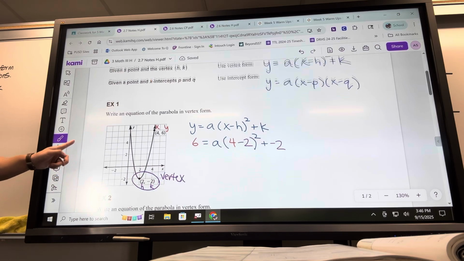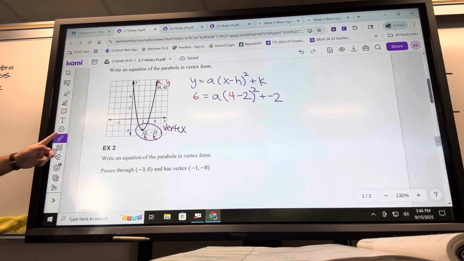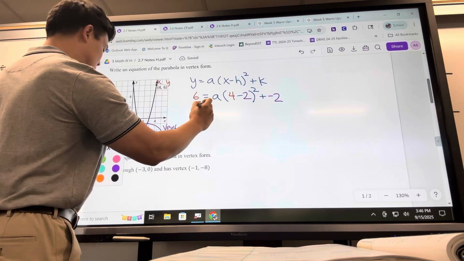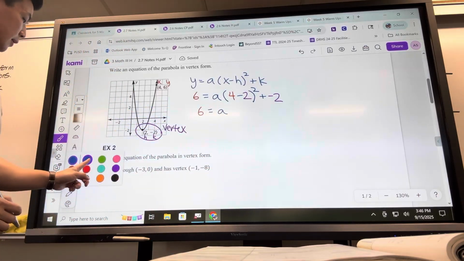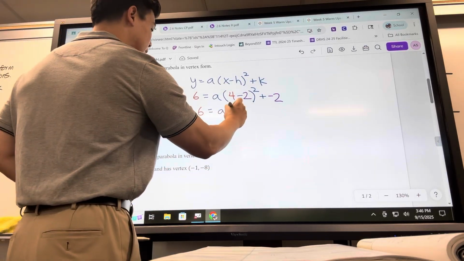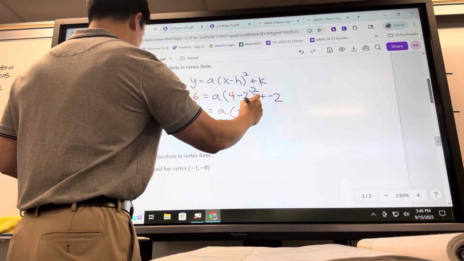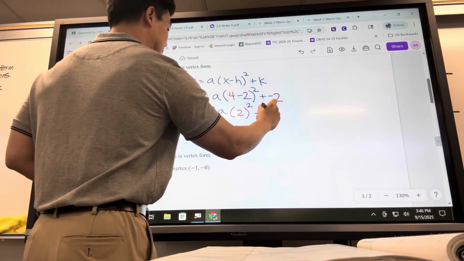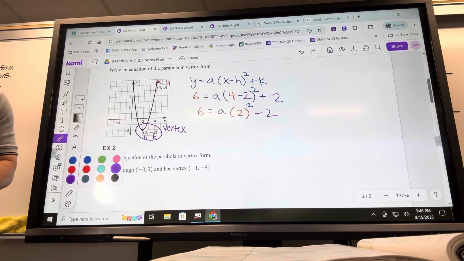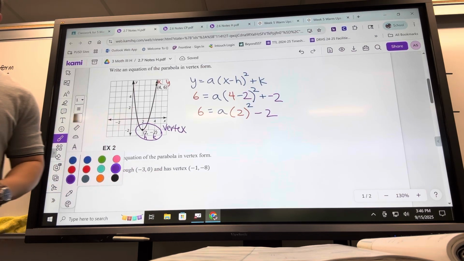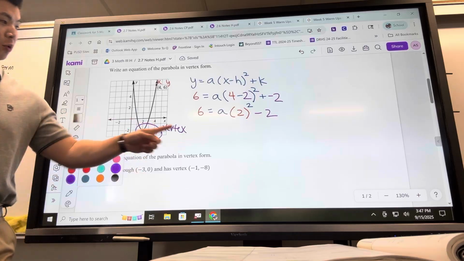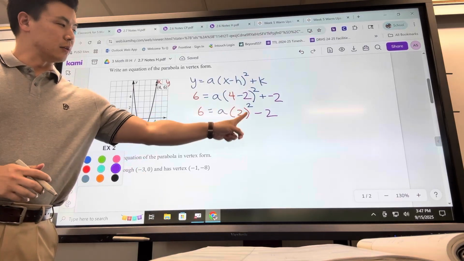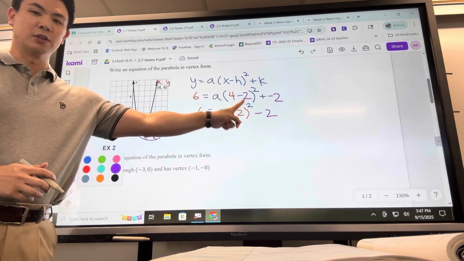Once I have this, I can start simplifying this equation. So I've got 6 on this side, equals a. I'm doing 4 minus 2 squared here. So I have 2 squared, and I still have this minus 2 on the outside. One thing that's really important is this term right here is all being multiplied together.